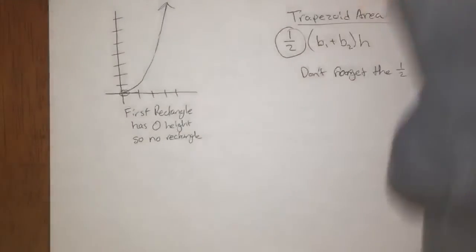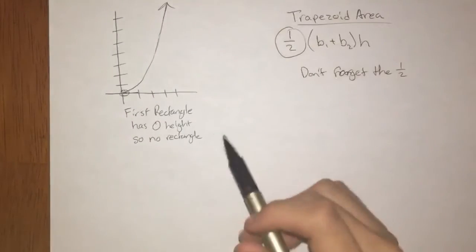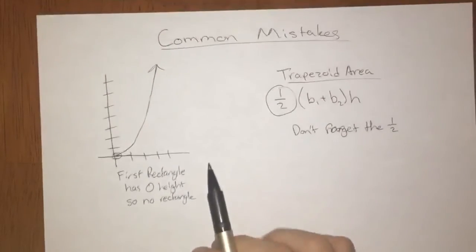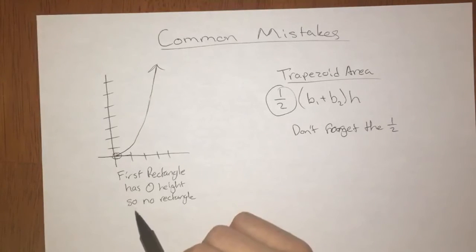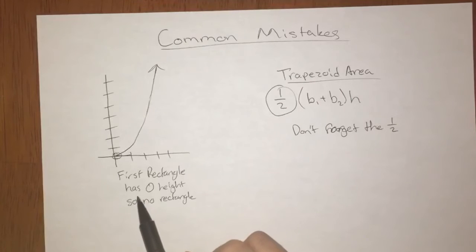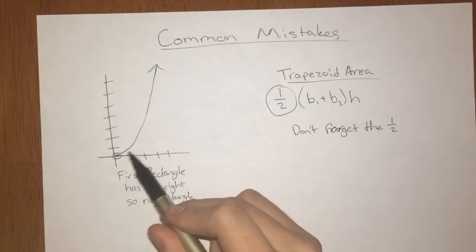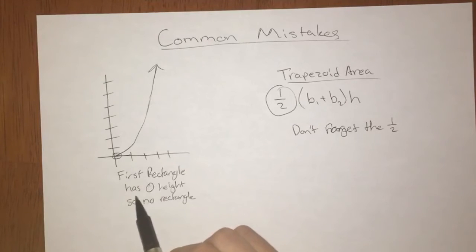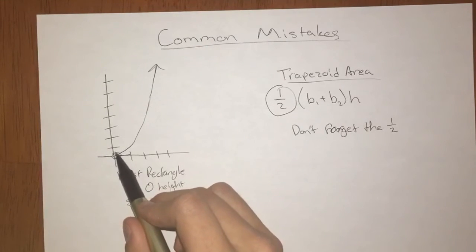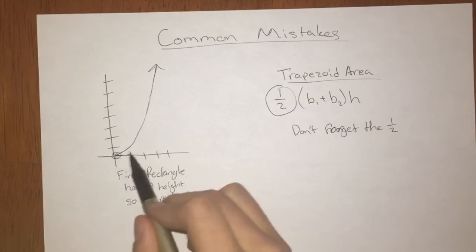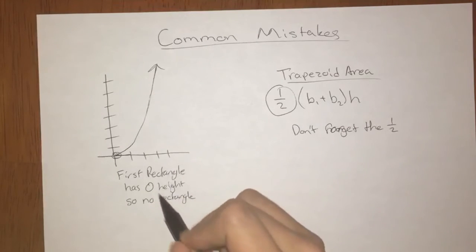Now we can go over some common mistakes you may make while finding the area under the curves. For the first mistake often made, for the one where you're using the right endpoints, the first rectangle here would have 0 height, making it 0 as an area.